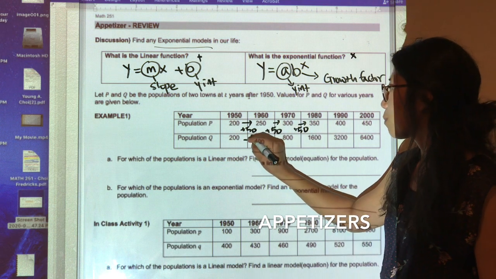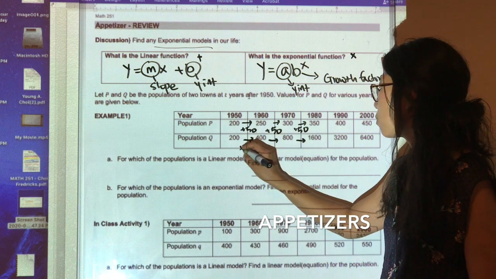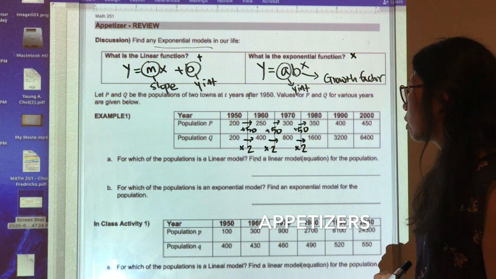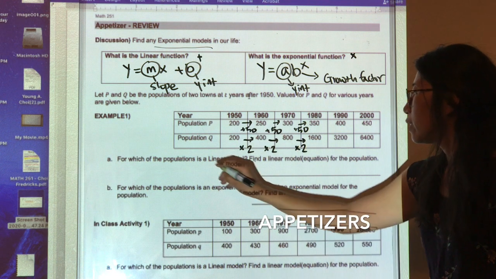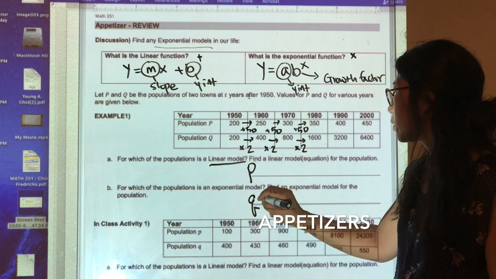If you look at population Q, each 10 years the number is multiplied by 2. So I can say that the linear model will be P, and the exponential model will be Q.